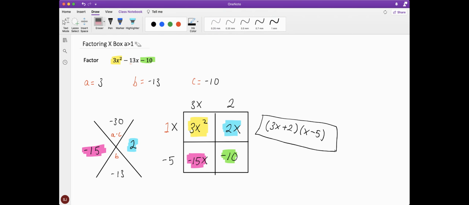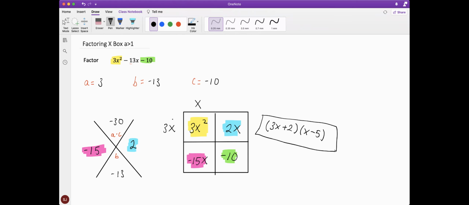The reason this can be a little bit more confusing than when a is equal to 1 is because, you know how in the beginning, before you filled out the rest here, when you were figuring out what are the two things that go here? If you had written 3x here and x over here, notice what happens.